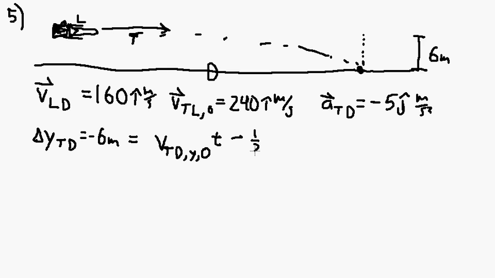But the acceleration of the torpedoes relative to the Death Star in the y direction is negative.